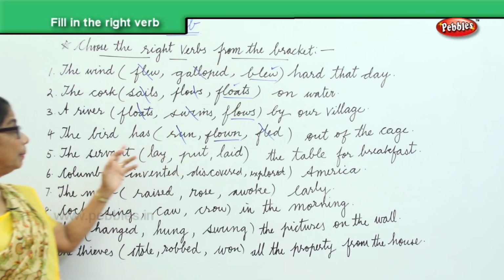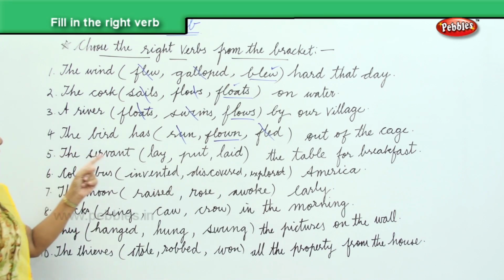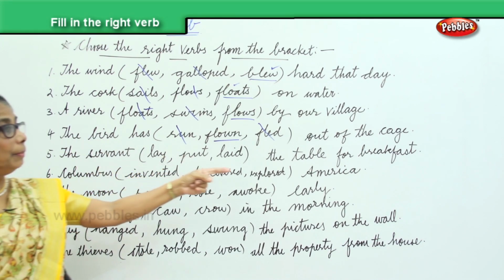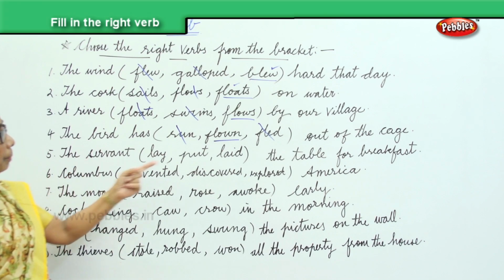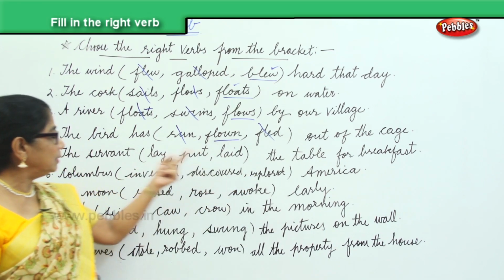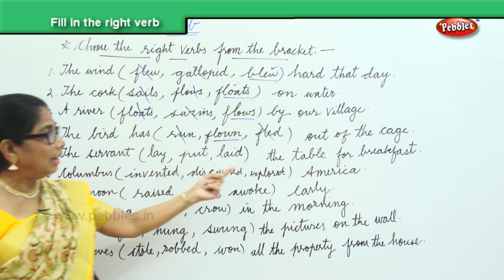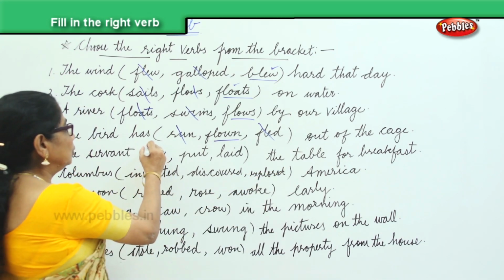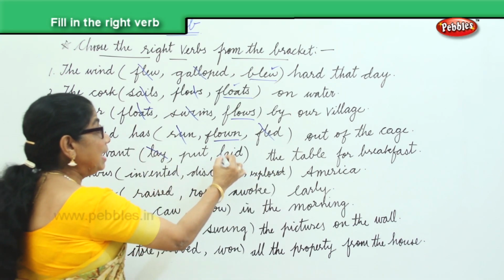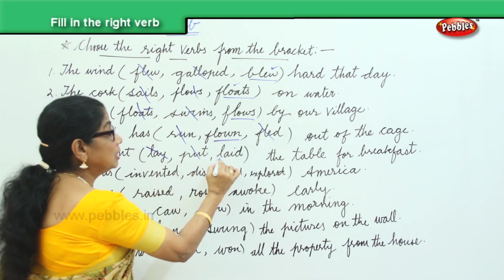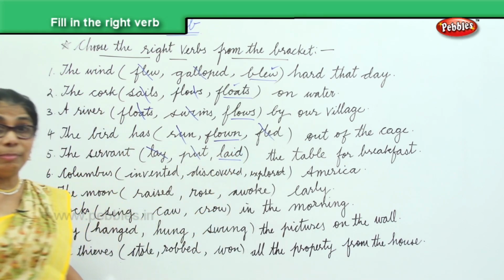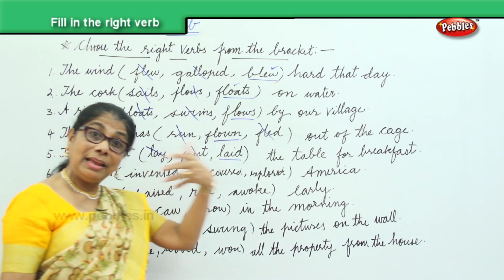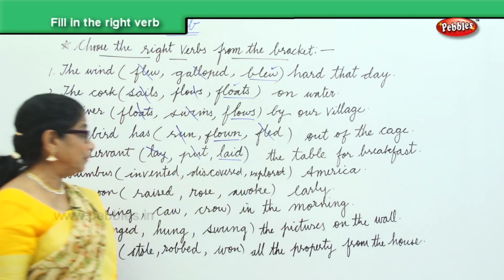The servant put the table for breakfast. The servant laid the table for breakfast. So the last one is correct. You don't say they laid the table, you say laid, one servant. So the servant laid the table for breakfast.